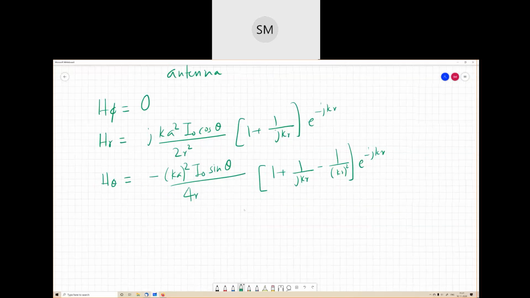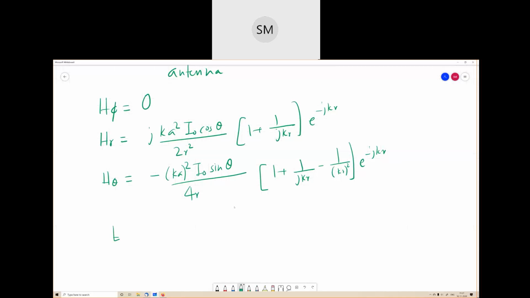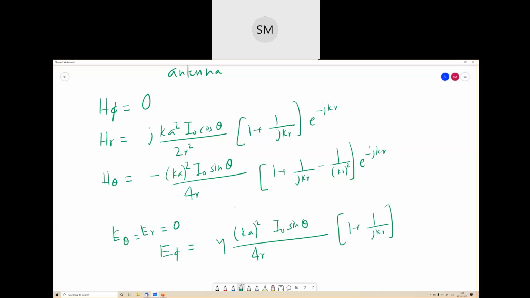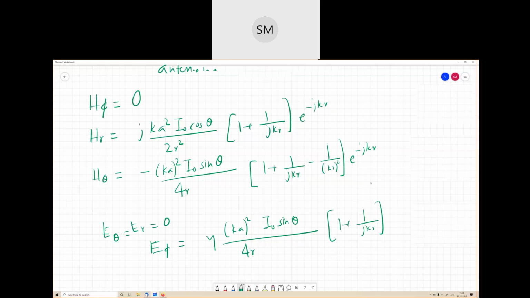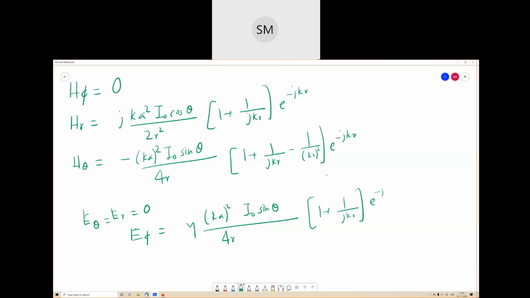This is H, and E theta equal to E_r equal to 0, and E phi is given by eta k squared a over 4r I0 sin theta, 1 by 1 plus jkr, to the power of. Okay.